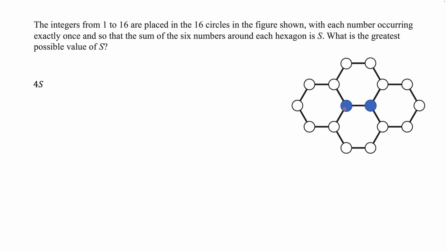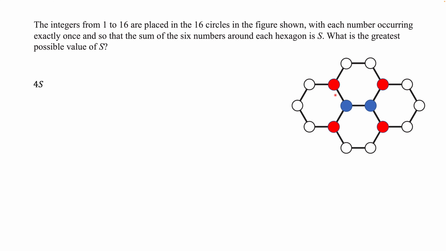For example, these blue things in the middle, we're going to see 3 times, because if we add this hexagon's numbers, we're going to add this number. Then if we take this hexagon, we're going to add this number again. And when we add this hexagon, we're going to get this number again. So we're going to see this number 3 times.